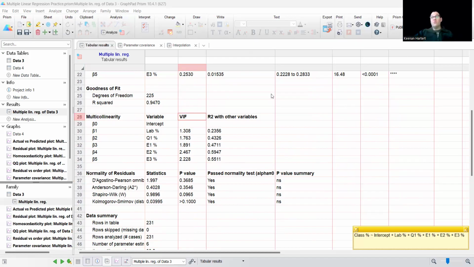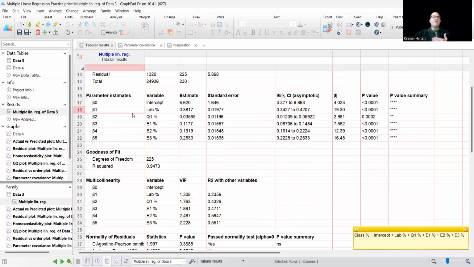You actually don't want to have this number go very high. Anything above 5 means that it's being influenced by the other factors and not serving very independently. So if you had anything up here that was way too high, you would start to question, is this the right model for this? Is this prediction value that I'm getting up here really something I want to bet my house on?